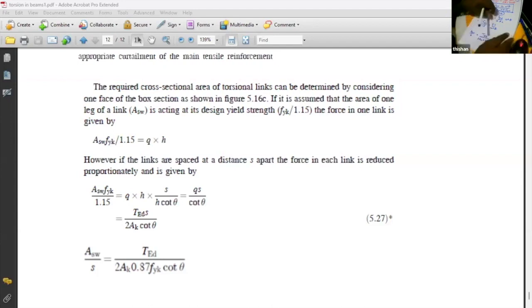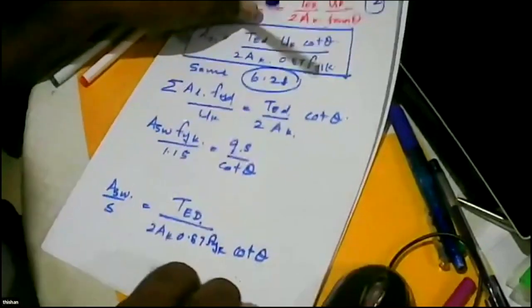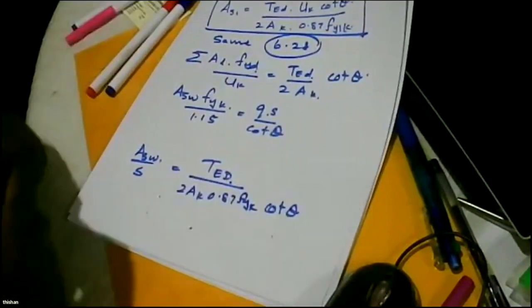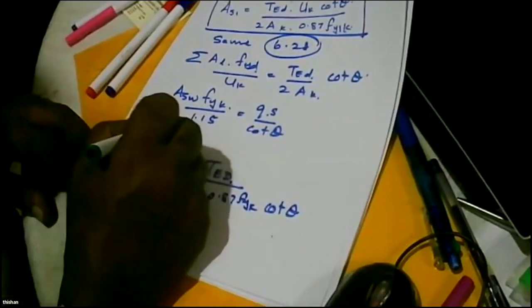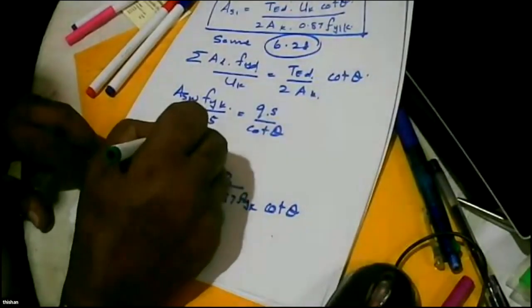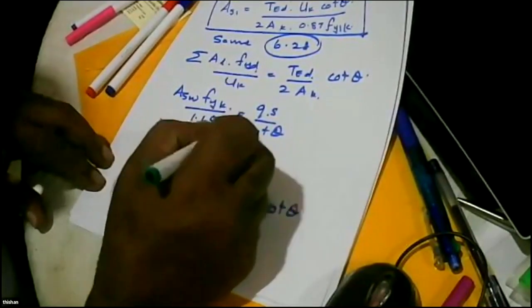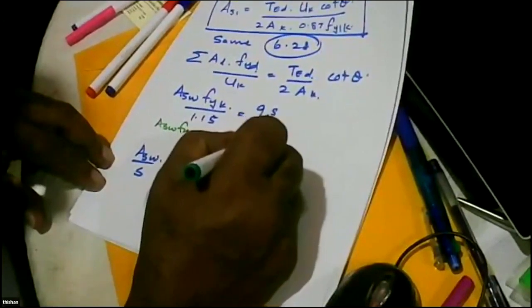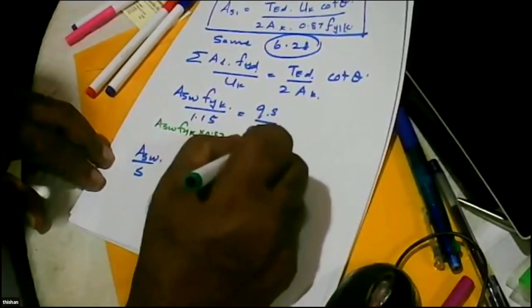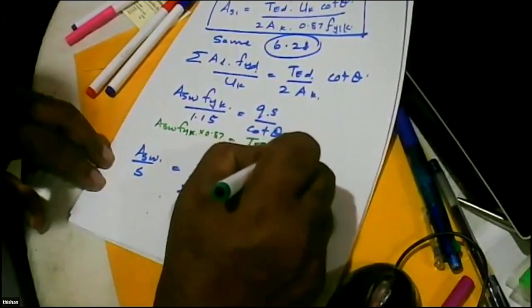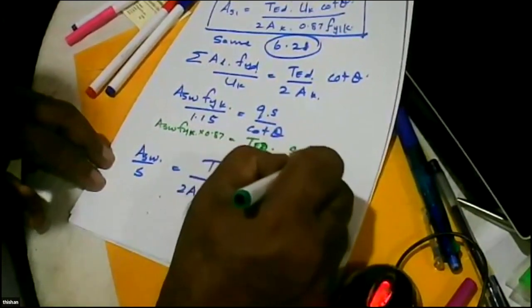So I will stop share now. So we have this equation, and we have to see how to get this from this. So we get A_sw f_yk into 0.87 is equal to q, where q is T_Ed over 2A_k, times s times cot theta.